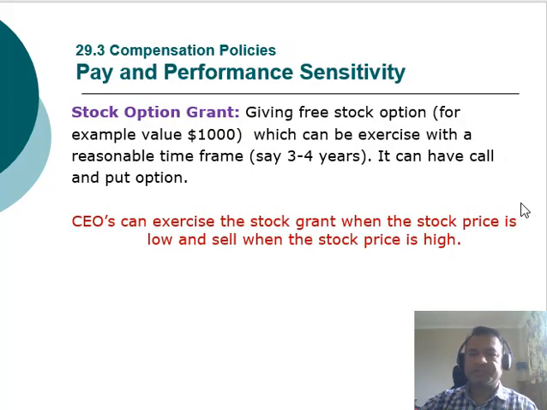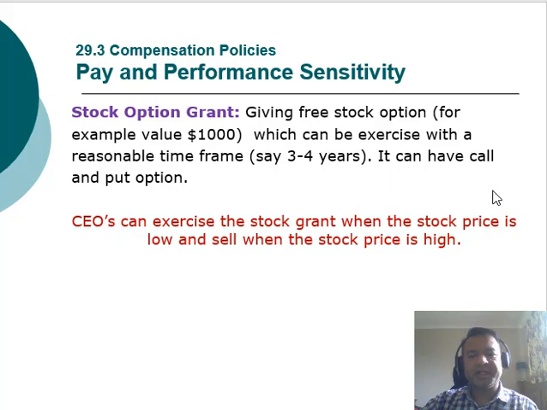Stock option grant. Giving a free stock option, for example, valued at $1,000, which can be exercised within a reasonable time frame, say 2 to 3 years. It can have call and put options. Now this could be a stock option for the managers.